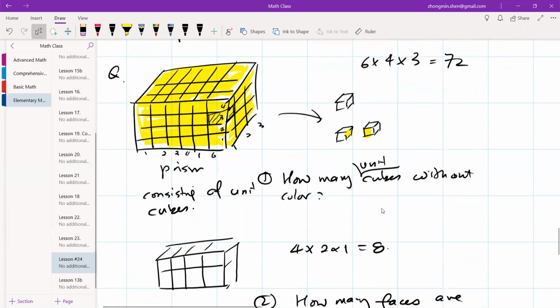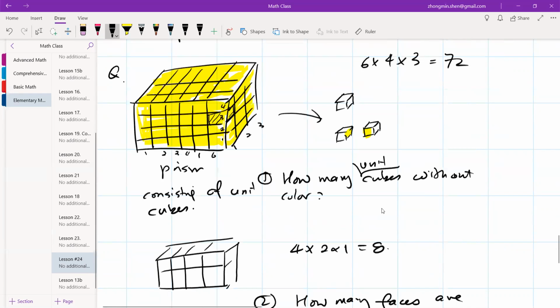To count the painted faces, you just need to count the squares on the surface of the large box. Just put them back.